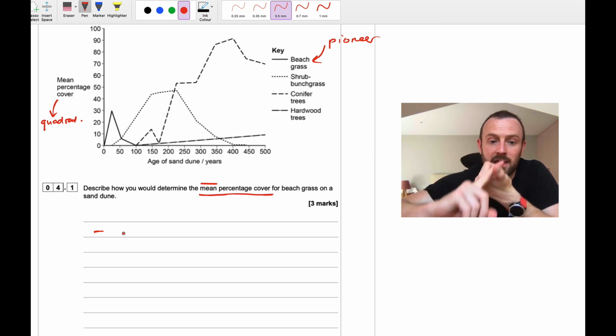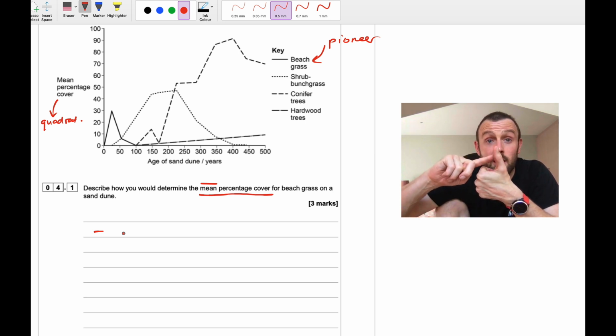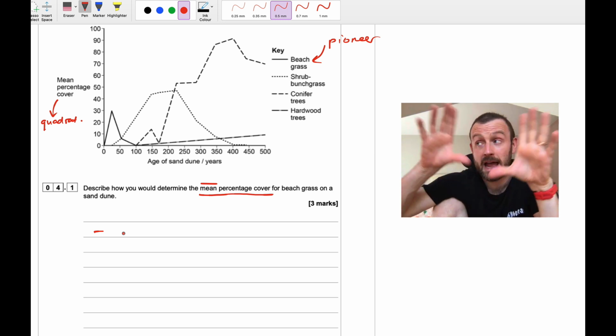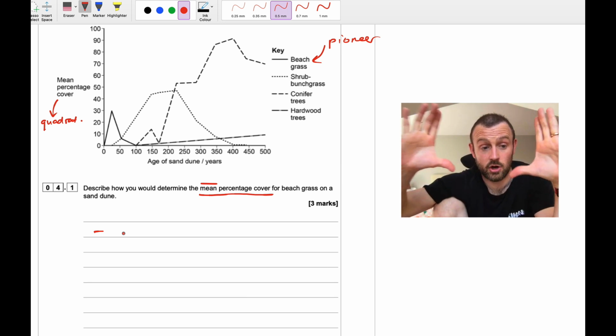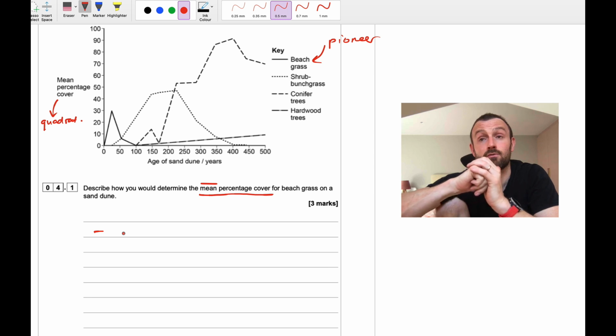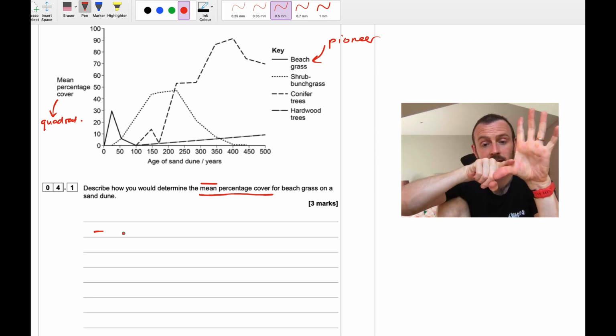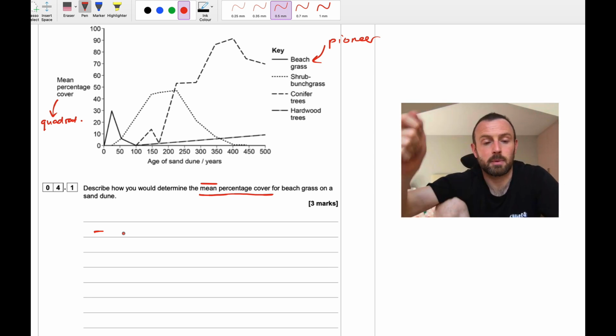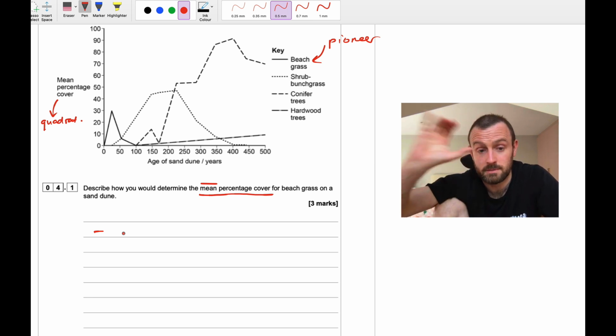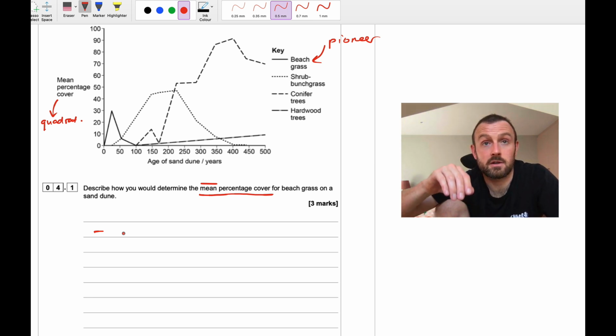I'm thinking I'm going to lay out axes on a patch of sand dunes. I'm going to use random number generators to generate an x coordinate and a y coordinate. I'm going to place a quadrat where those 2 coordinates meet. I'm going to look in the quadrat and estimate the percentage cover of the beach grass.